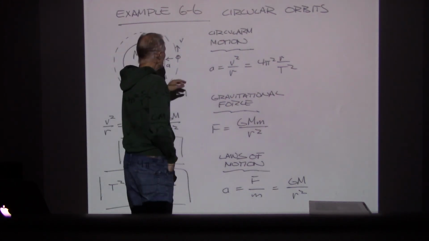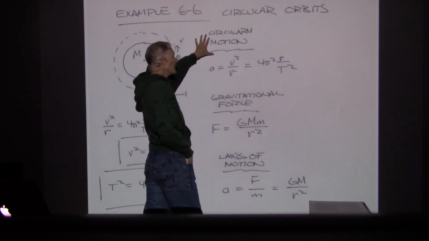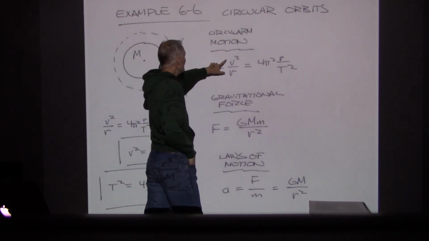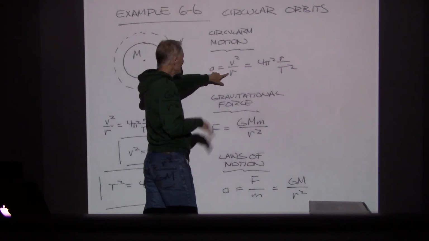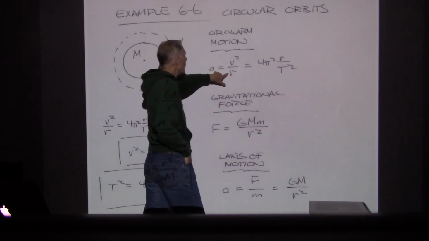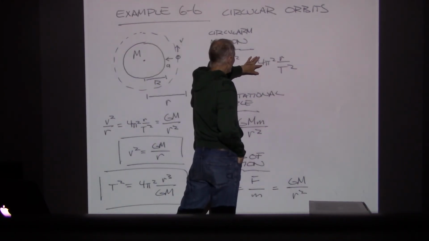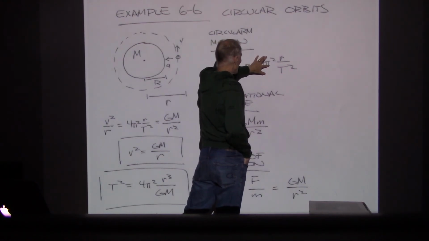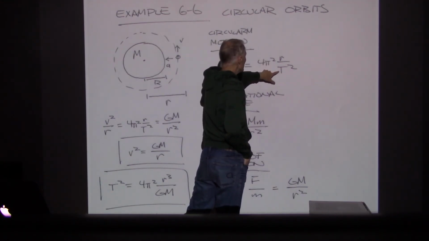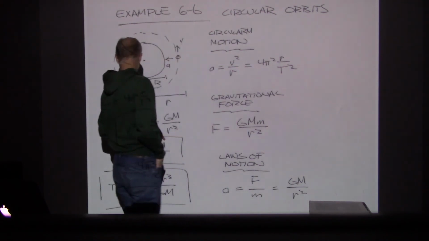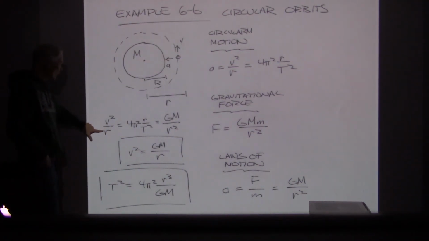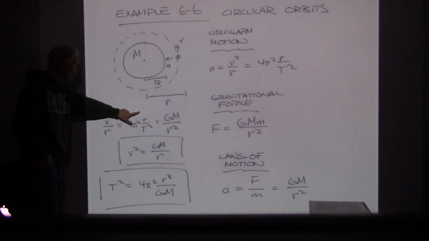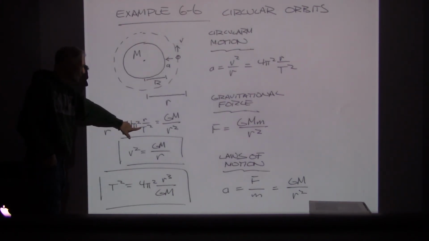So let's get some circular motion kinematics set up. That would be acceleration is given by v squared over r. That's an r, that's a v. This can also be written as 4 pi squared r over T squared, where T is the period.